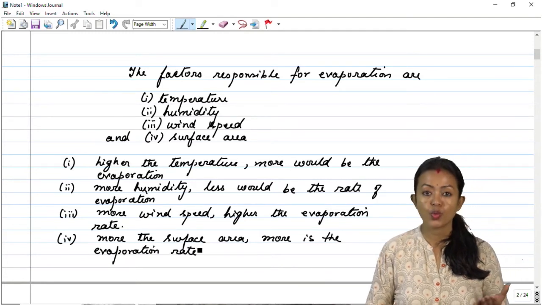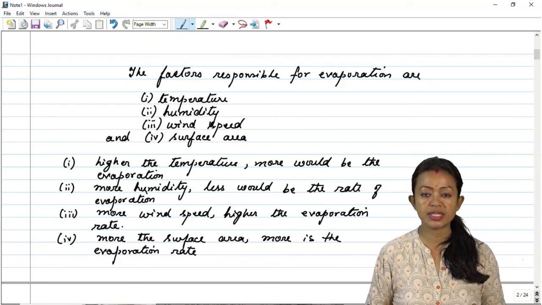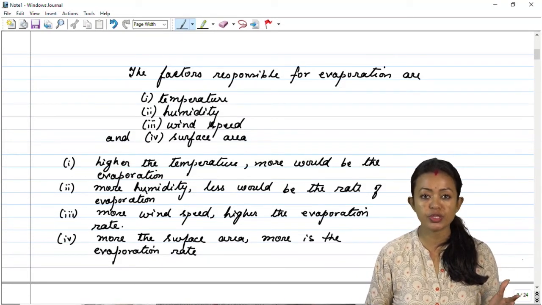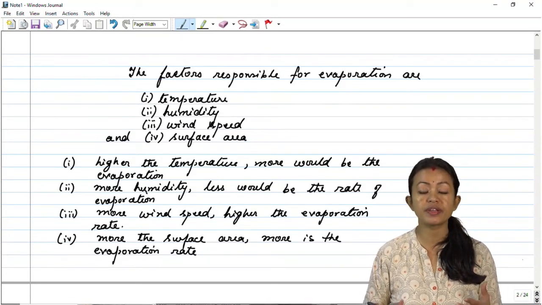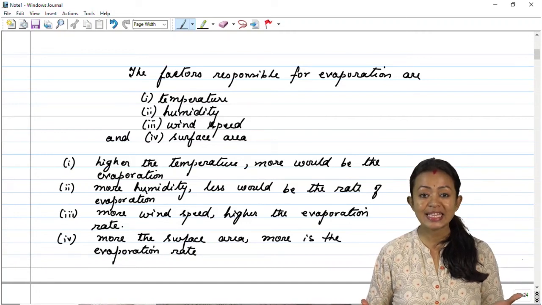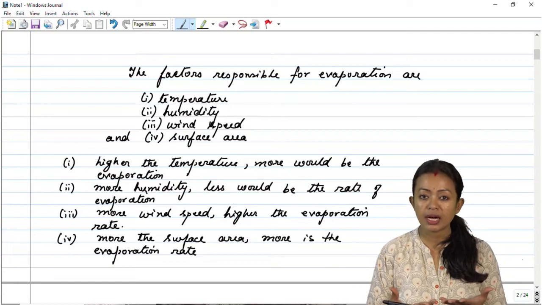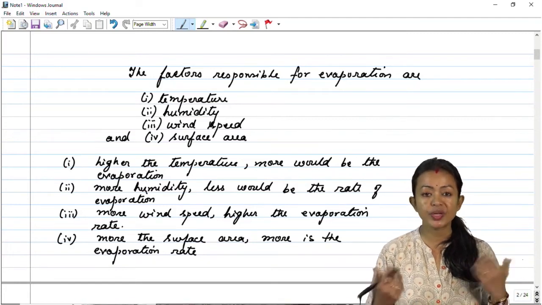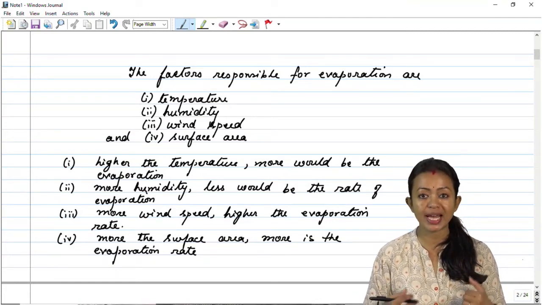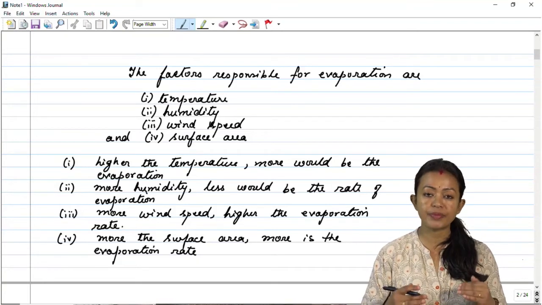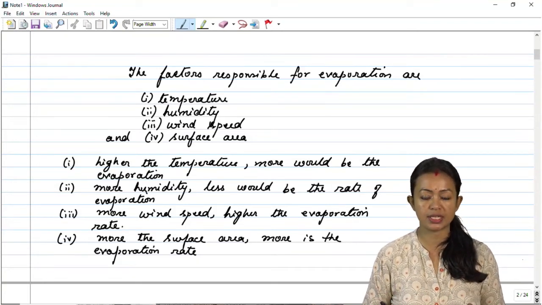Because when the surface area increases, the number of water molecules exposed to the atmosphere is more, and thus more water molecules are exposed to get energy, to absorb energy, and thus get converted from the liquid phase into the vapor state.